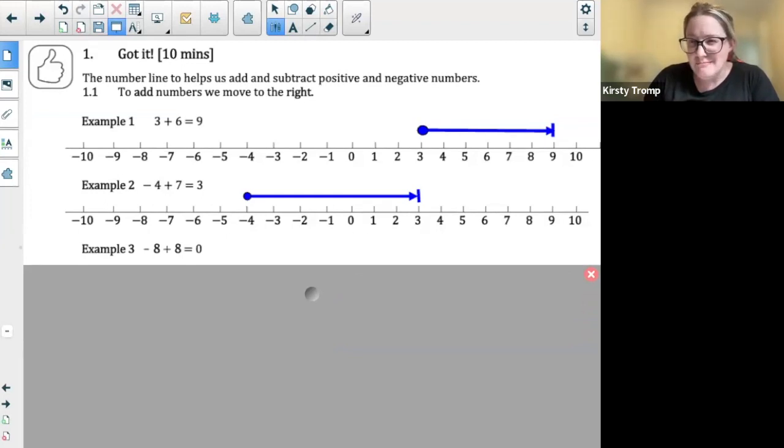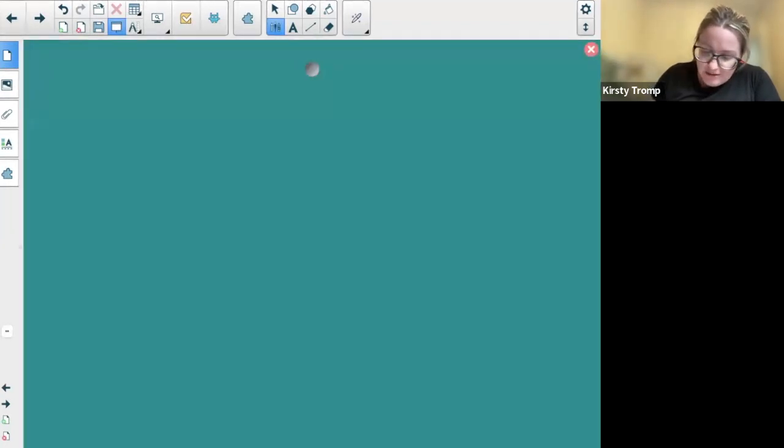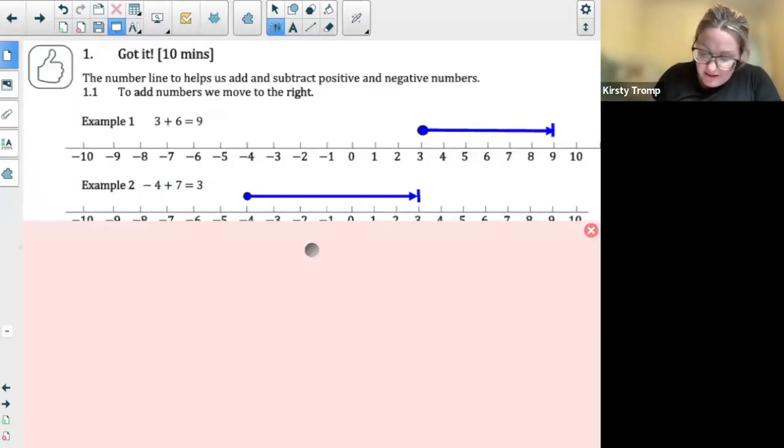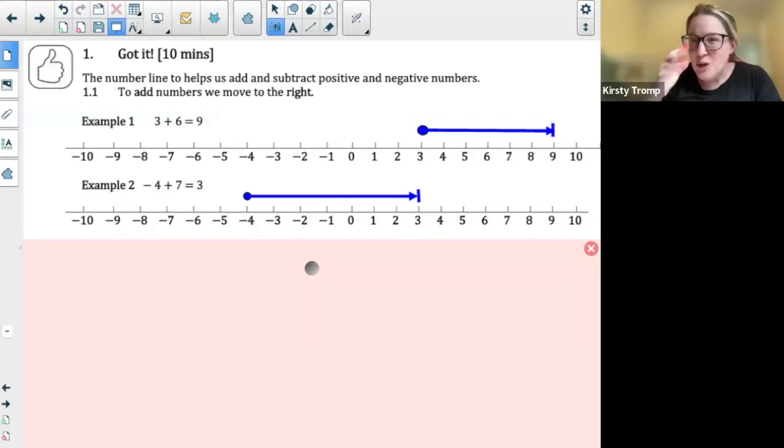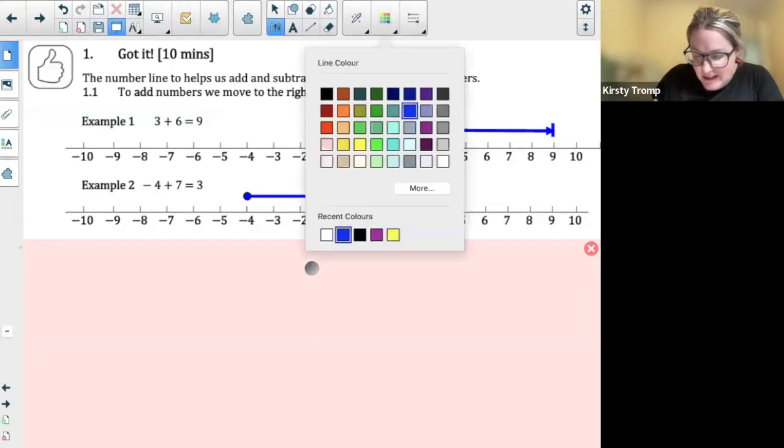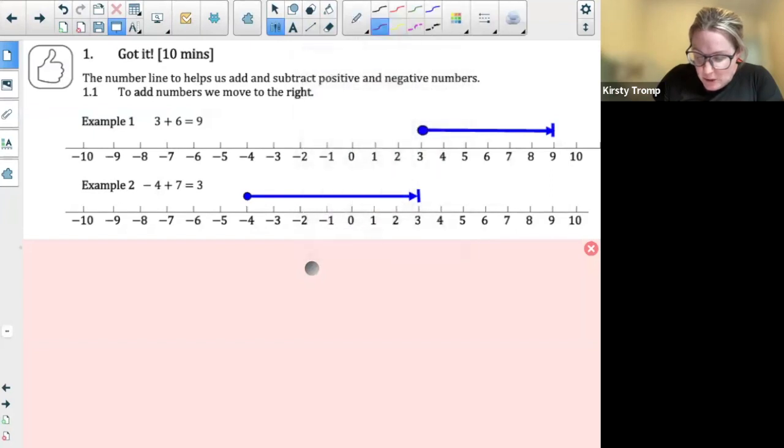Yes, good question, Bree. Okay, so remember in our first lesson together this year, we spoke about how you can shuffle the sum around a little bit. Remember we spoke about that, shuffling the sum around a little bit? Yes. All right, okay. So if I want to shuffle the sum around a little bit, I'm going to go back to my normal pen. Let's shuffle the sum around a little bit.